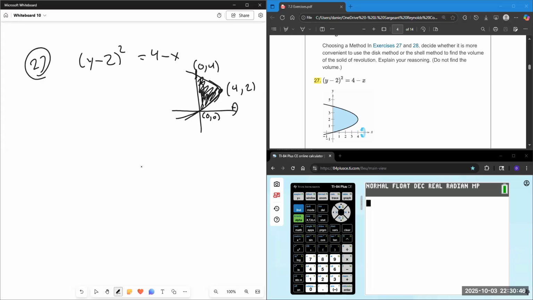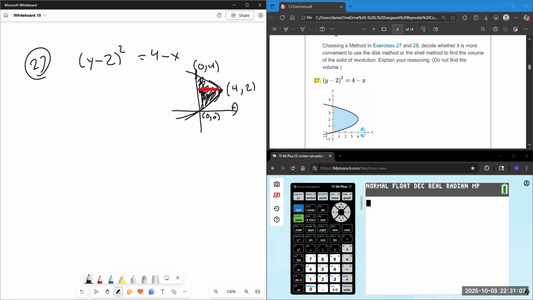that's shaded there. Do you want representative rectangles that are vertical or horizontal here? It makes more sense to me to choose horizontal rectangles that are going to touch an axis of x equals 0 and always touch the curve on the right.